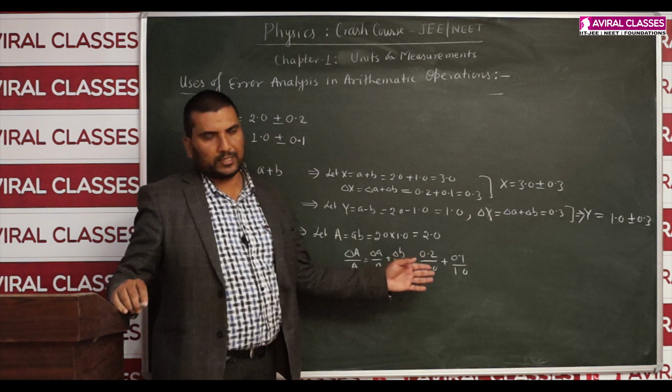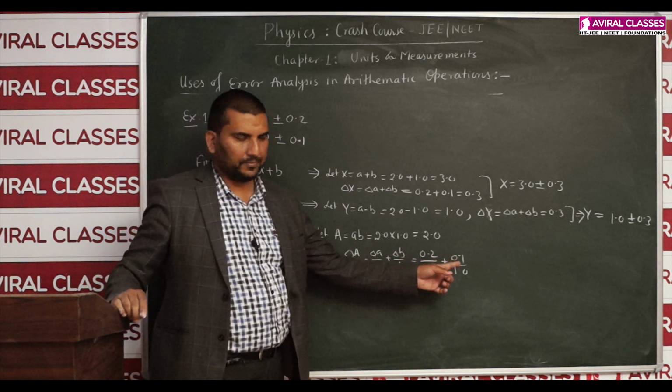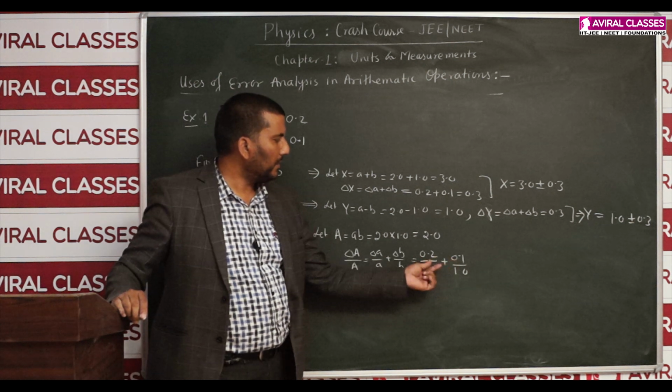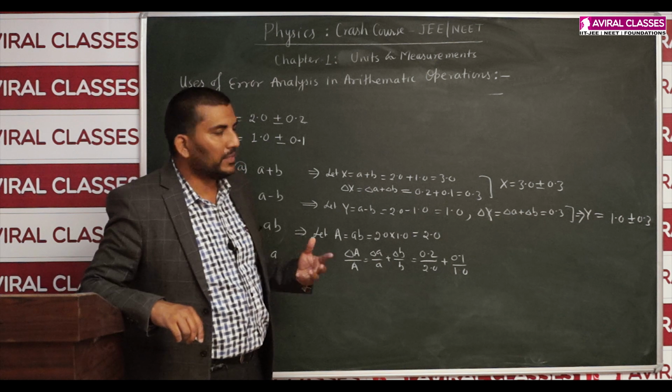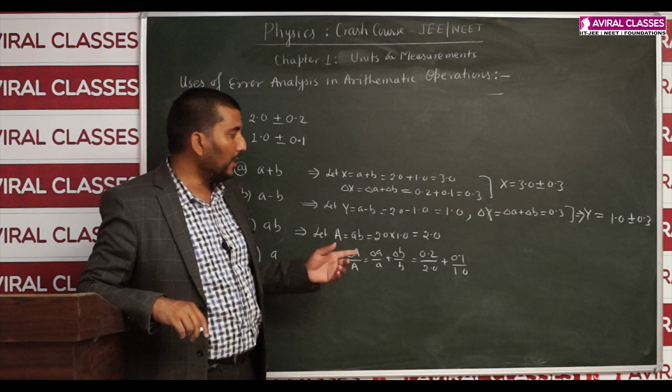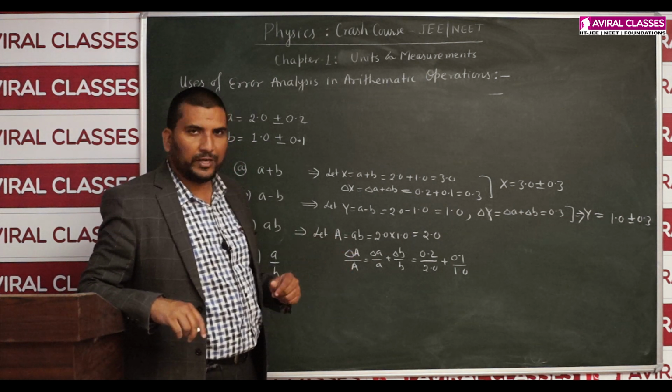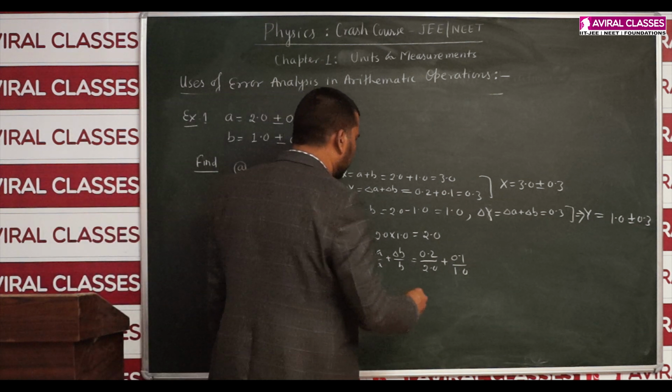Here I would suggest to use percentage error. If I use percentage error, it will be easily calculated. Otherwise, during examination time, you may start thinking about significant figure, which will kill your time, which may lower your confidence. So it will be better to use percentage error.